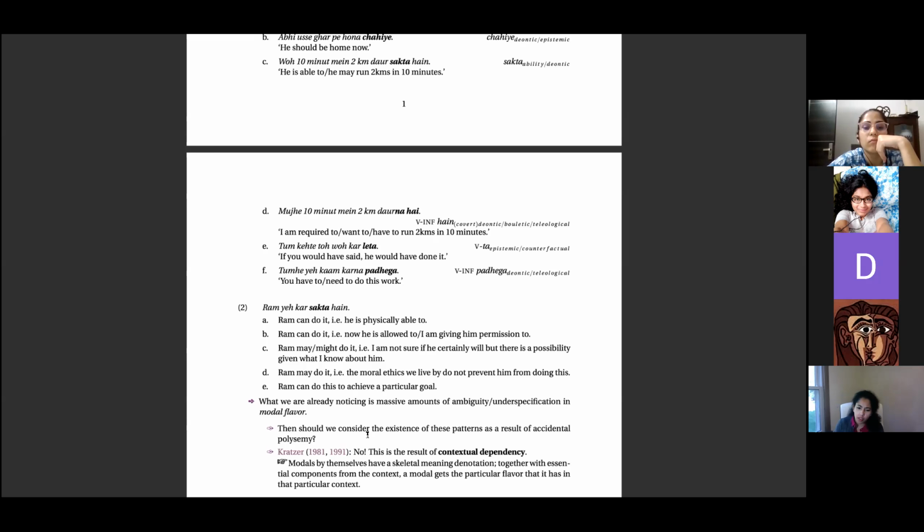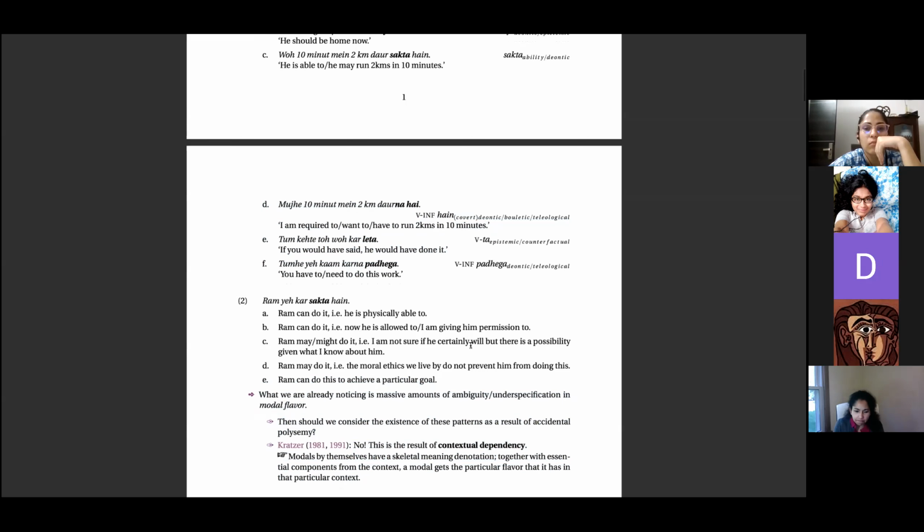So this was her very innovative idea, that the only way we can even begin to think about a pattern like we see in 2, for example, is to think of context as playing a huge role. And how to formalize that is her work on modality.